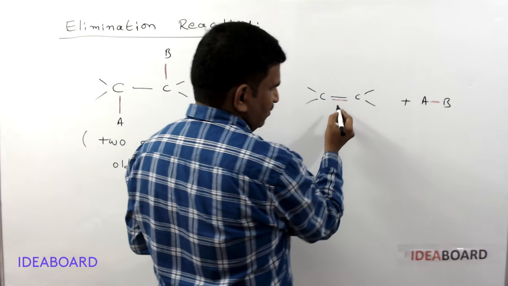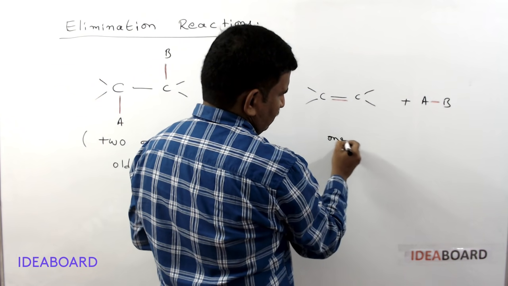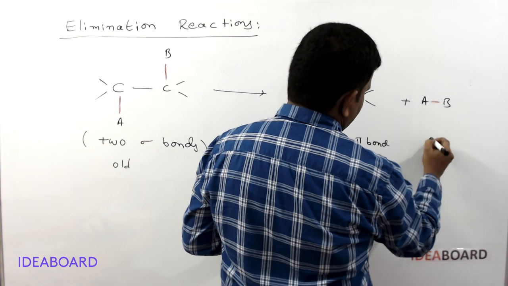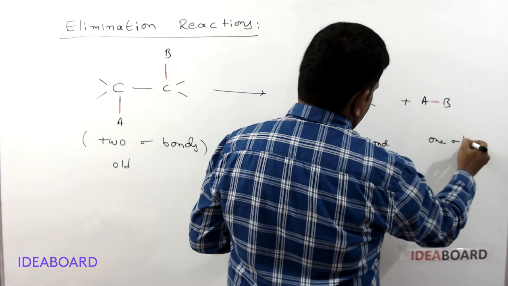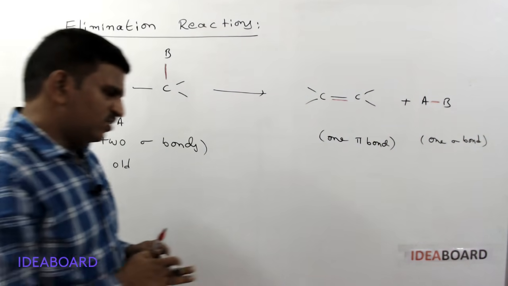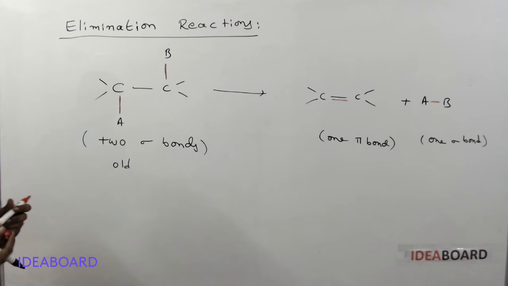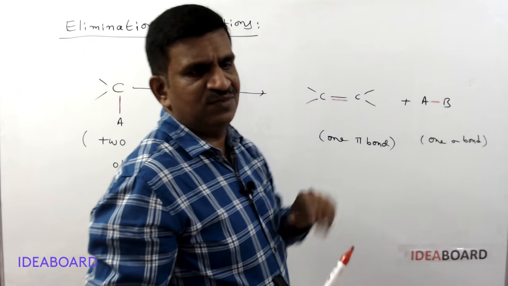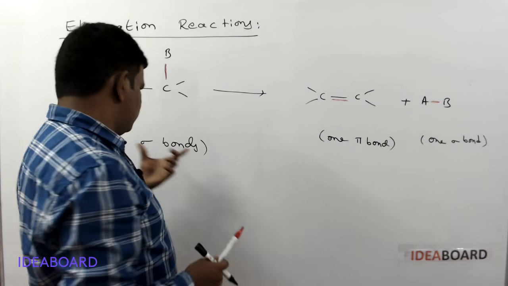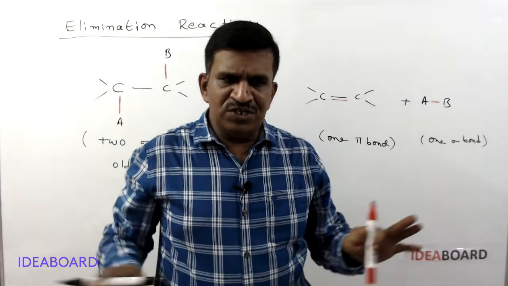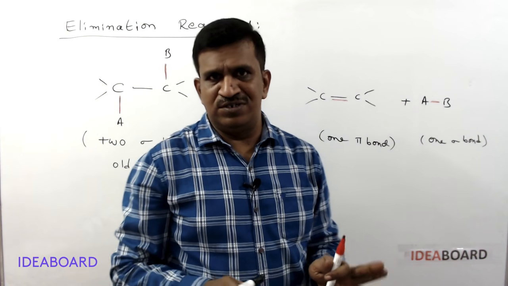After the reaction, what happened? One pi bond formation occurred, and one sigma bond formation occurred. If 2 sigma bonds were converting into 2 sigma bonds, there would be no change in the number or types of bonds.